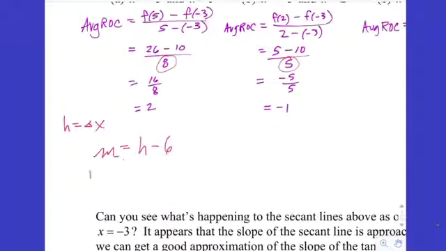Well, let's try it out. If h is equal to 8, I get the slope is 8 minus 6, which is 2. Is that the same answer we got earlier? Holy moly smokers, it is. What calculation was easier? 8 minus 6 or f of 5 minus, you don't have to answer that, okay? Because it's so no-brainer, duh, all right?